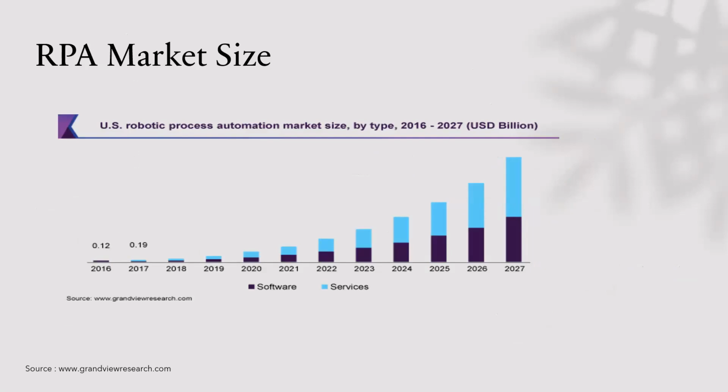And in 2022, you can see what is the curve, and you can also see what is the share of software, and then what is the share of services, when it comes to RPA market size. And we can clearly predict the surge in the need for RPA technology by looking at this graph. Okay, and this data is obtained from a website called grandviewresearch.com.